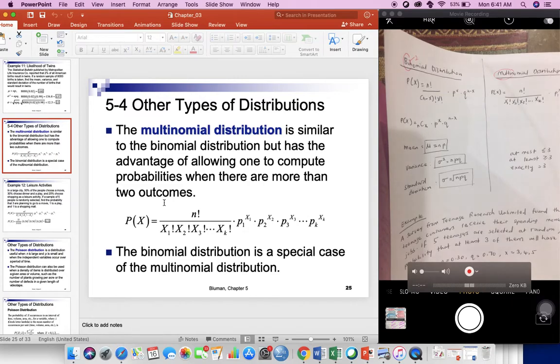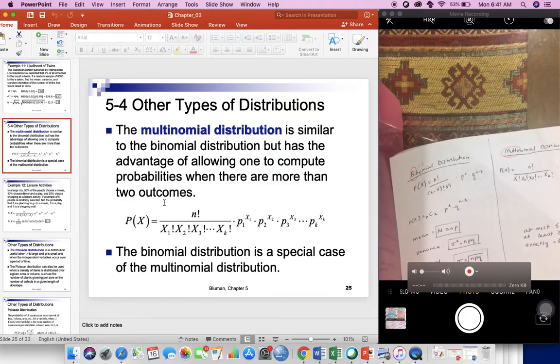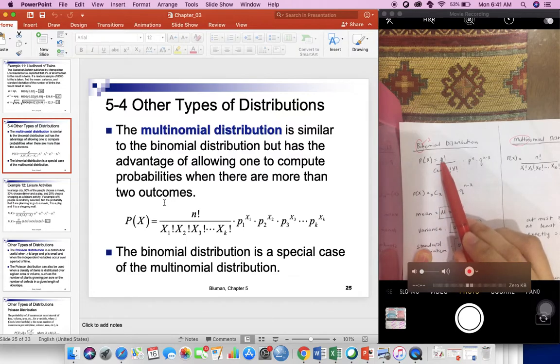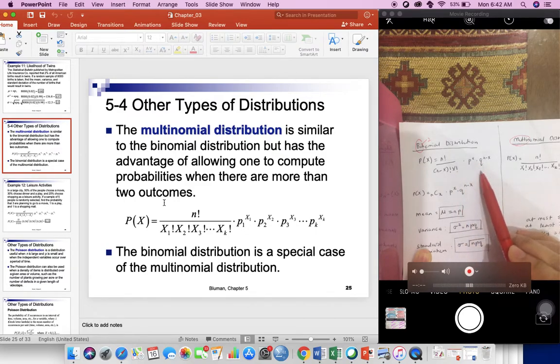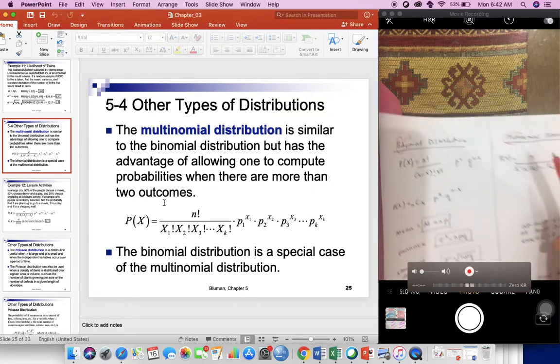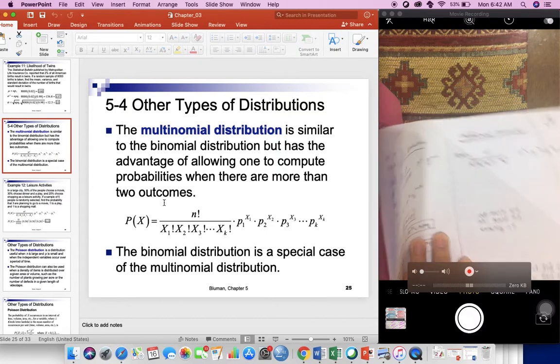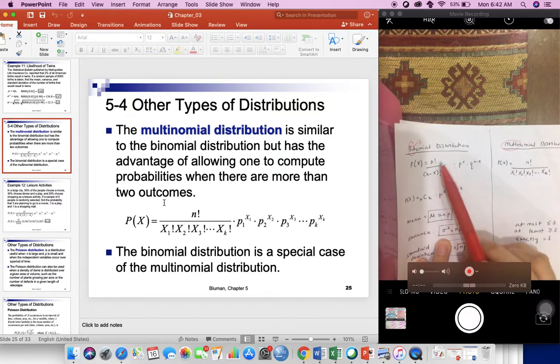Okay, so let's take a look at the formula. For the binomial, we have n factorial divided by n minus x factorial, and then x factorial, times p to the power of x times q to the power of n minus x. For the multinomial, it's actually the same as binomial. In binomial, we have only n and n minus x.